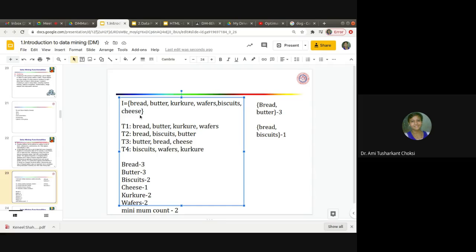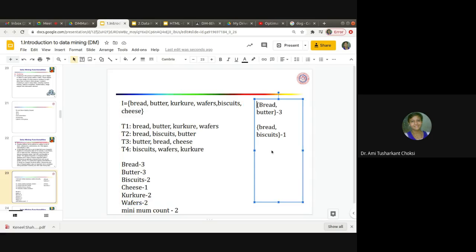In that, whatever number of items are there, if those many items are considered together, are they crossing the minimum count or not? If it is crossing, then it is called a frequent item, right? And if it is not crossing that, it is not called a frequent item, or we can say it is an infrequent item, right?